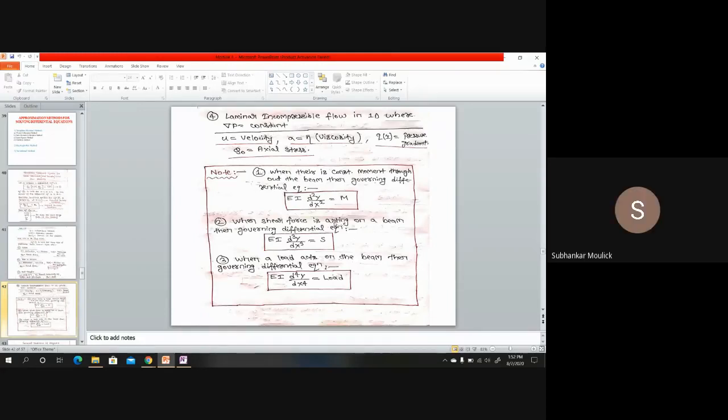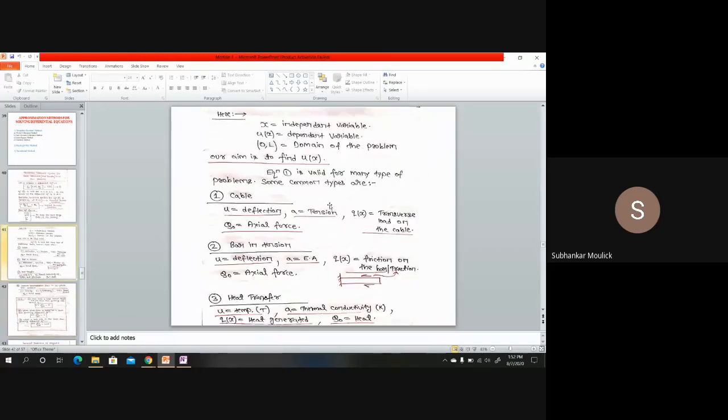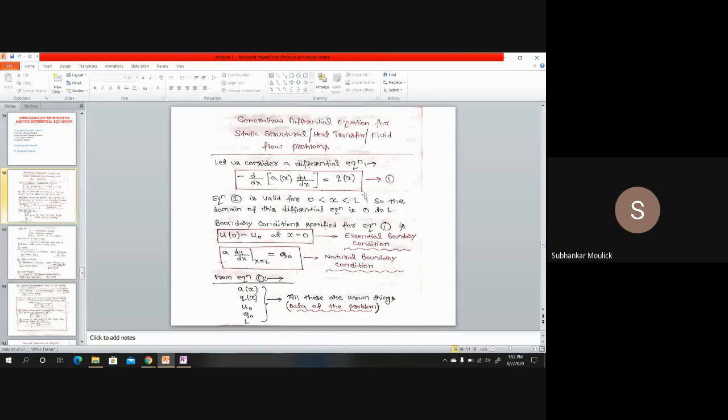See, if the differential equation is not given to you and you don't know the phenomena of the problem, that means whether in that problem bending is happening, or torsion is happening, or it is a problem of the heat conduction equation. If the phenomena is not given to you in the problem, then you can use this general differential equation.